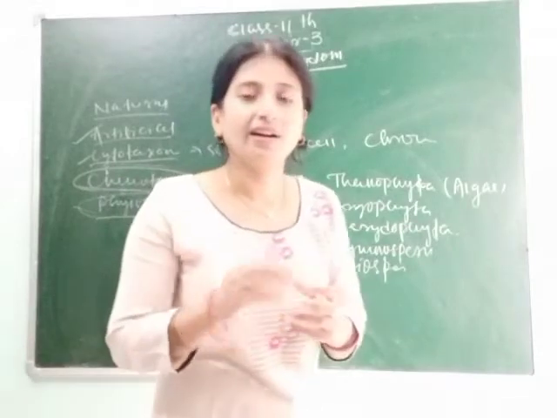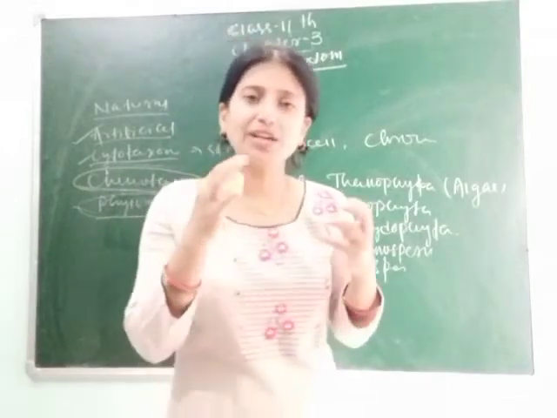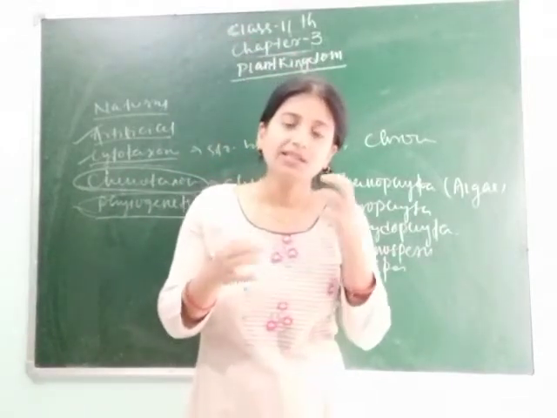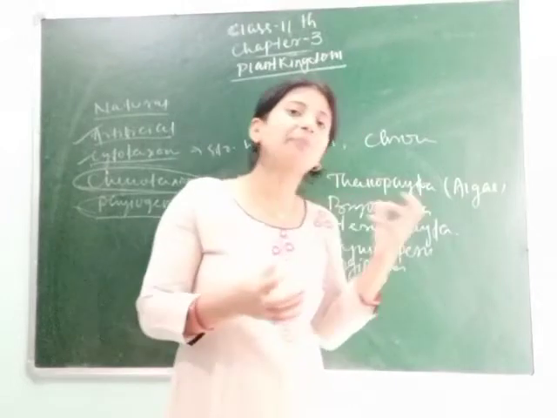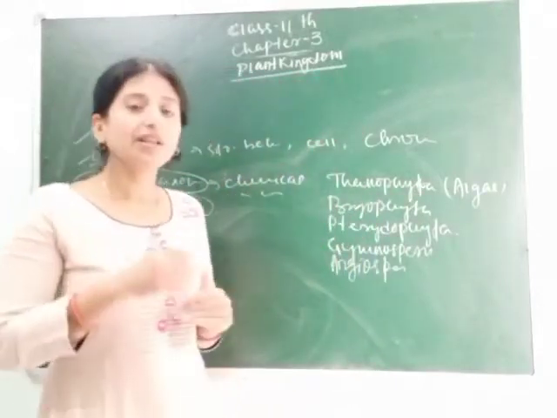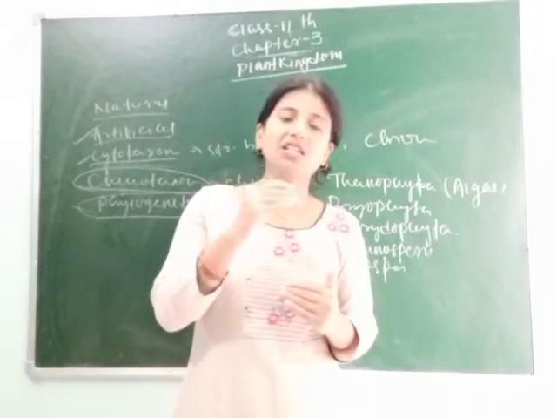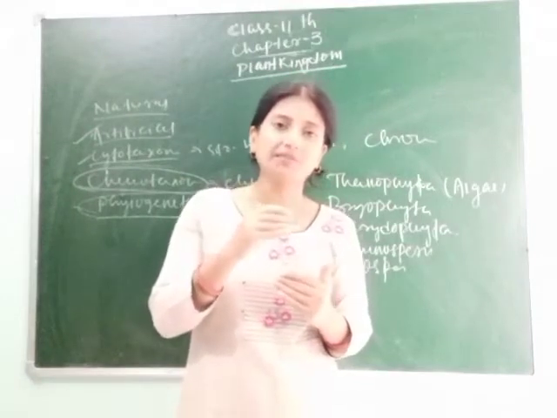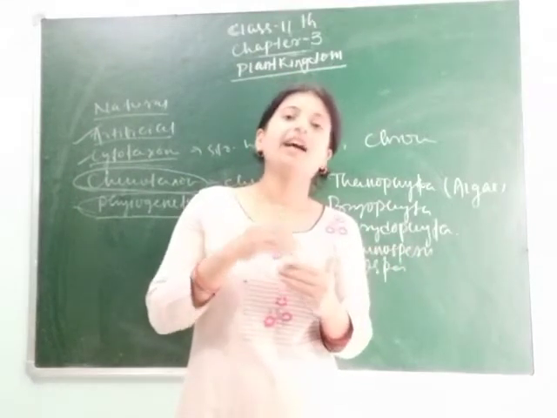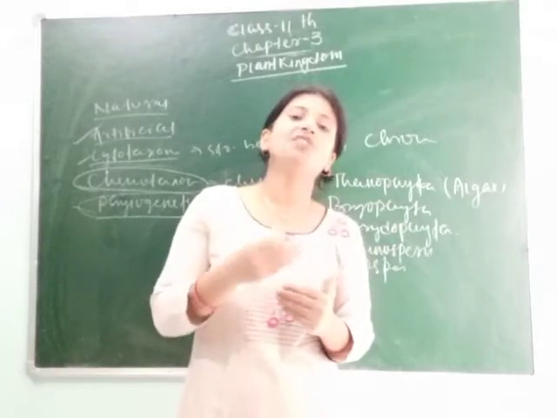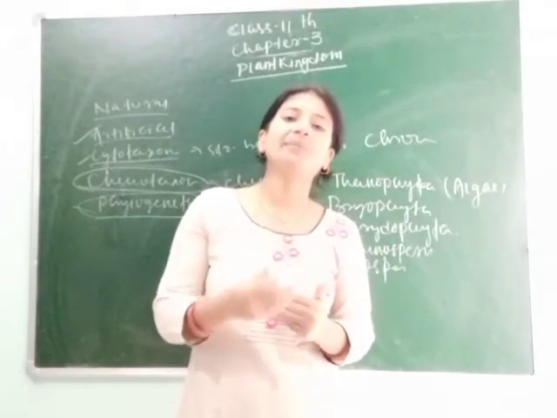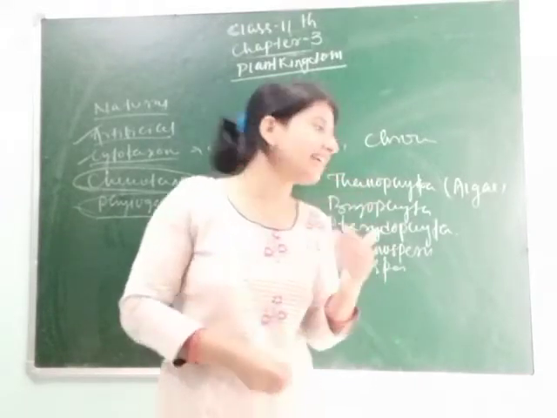Here I am telling you a trick to remember the characteristic features of different divisions. First you have to know its habit, then habitat, mode of nutrition, mode of reproduction. These are the main characters.